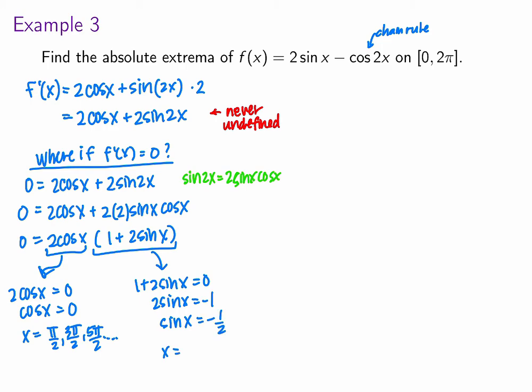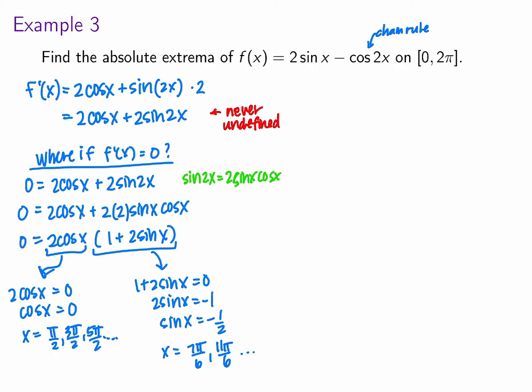So when is your sine function negative a half? That's going to be down in quadrants 3 and 4. So we're at 7 pi over 6 and 11 pi over 6, and then we could float back around.